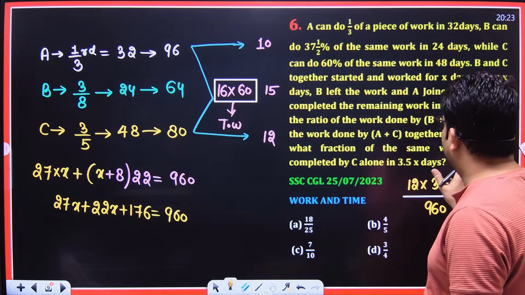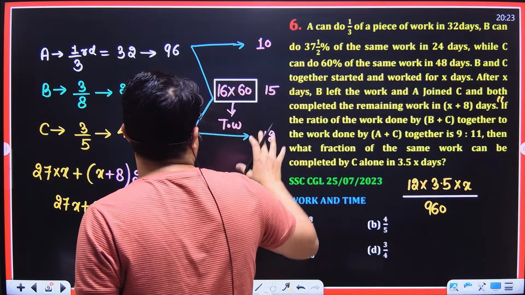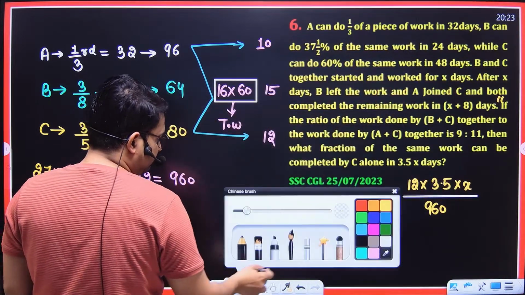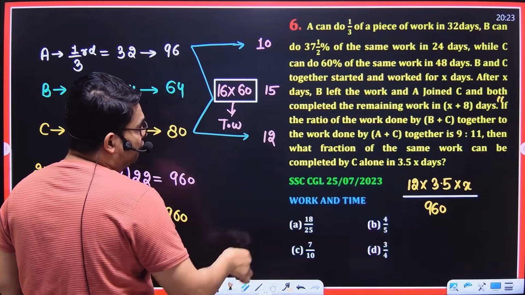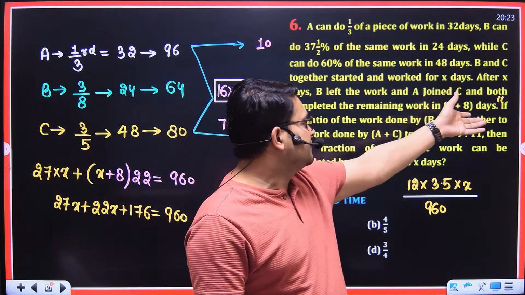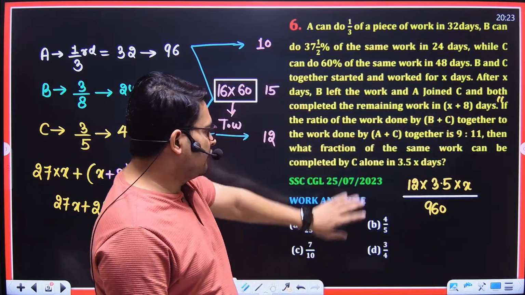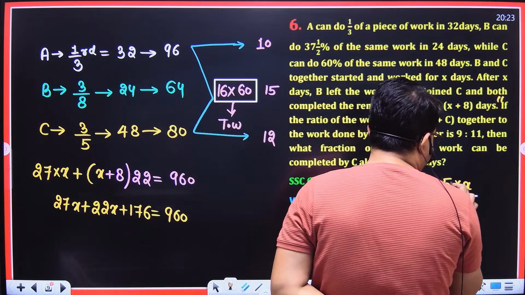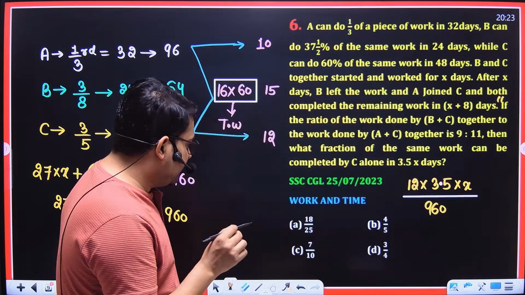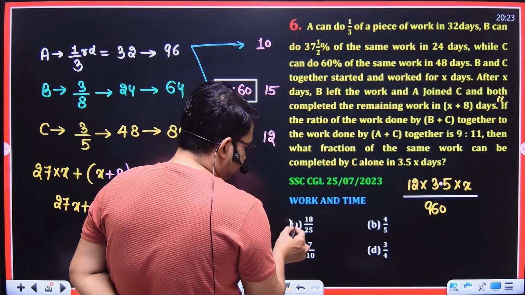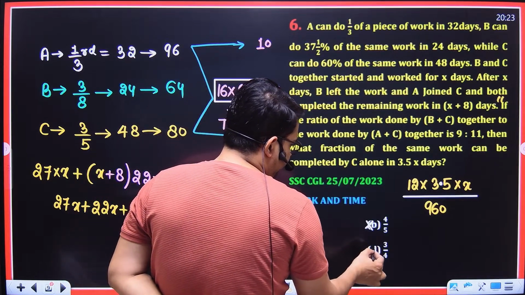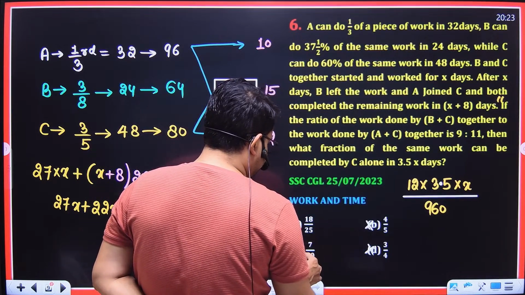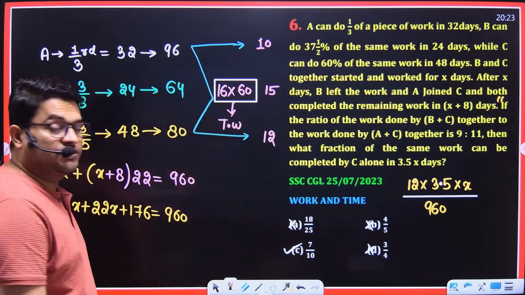We don't know the value of x, and to find it we were given certain things, that A plus C work for x days and B and C work for x plus 8 days, but we will not use them. See, we have 3.5, and 3.5 times 2 gives 7. In these options we don't have any 7, but in this question we have 7. This one is my answer.